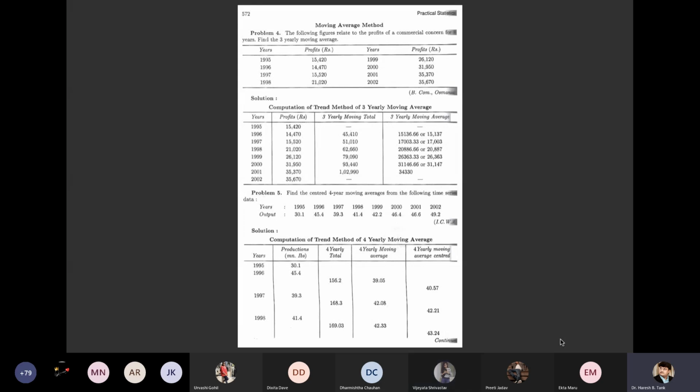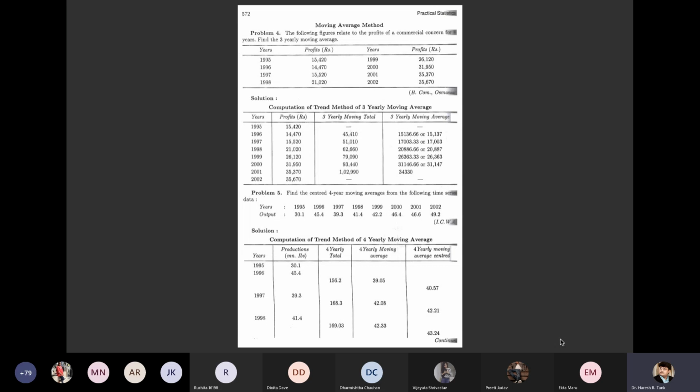What is next? 44.15. What is next? 46.1. Now just observe that all these entities are coming in between 96 and 97, 97 and 98.